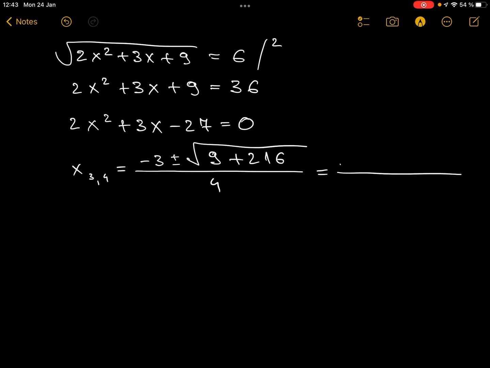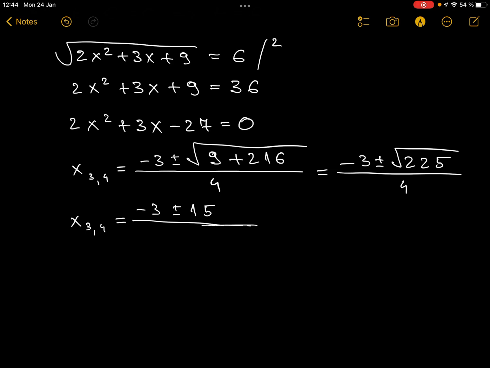And this is equal to minus 3 plus minus the square root of 225 over 4. The square root of 225 is 15, so x34 is equal to minus 3 plus or minus 15 over 4.